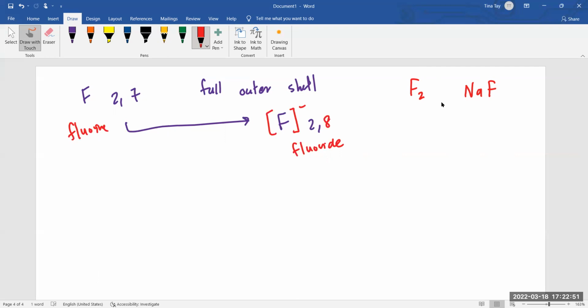F2 is fluorine. The other one, sodium fluoride, already has F negative. So which one has already received electron? Sodium fluoride, yes.